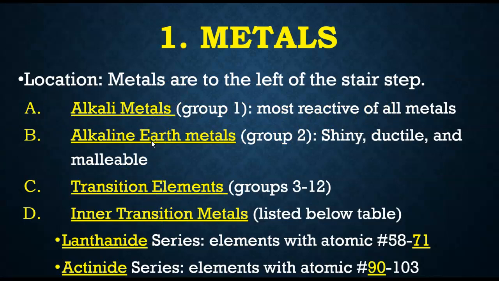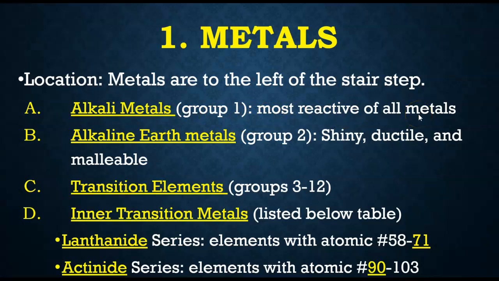Now, the thing you need to know about the groups is they are categorized. They are put in this periodic table based on their characteristics also, along with their numbers. So all the alkali metals have the same type of characteristics due to how many electrons they have in the outer shell, making it the most reactive of all metals.